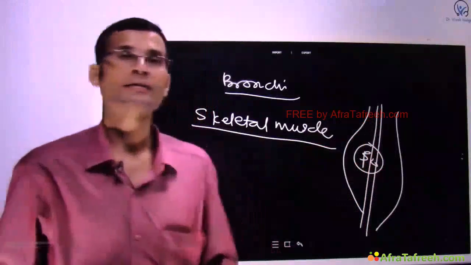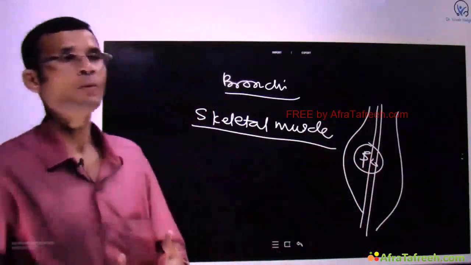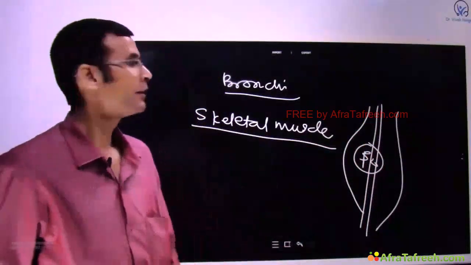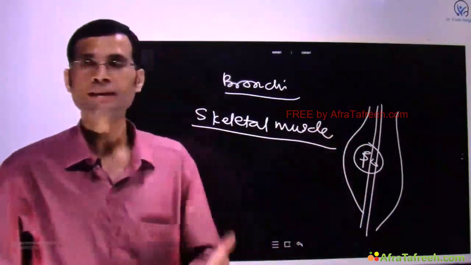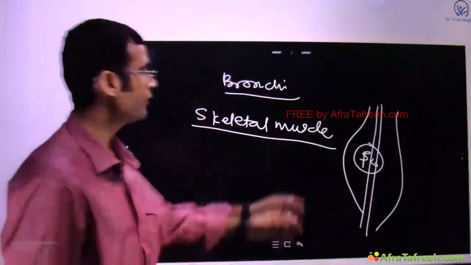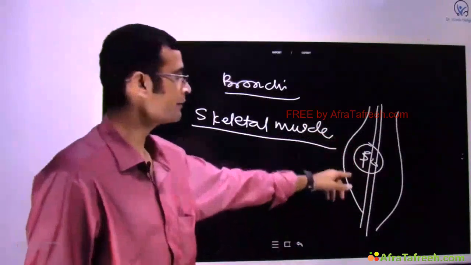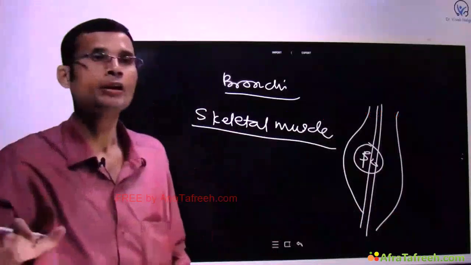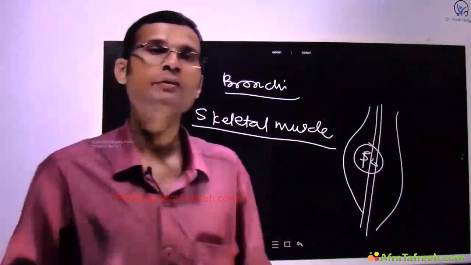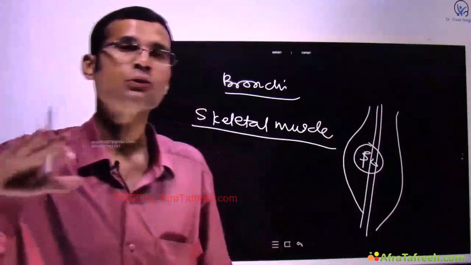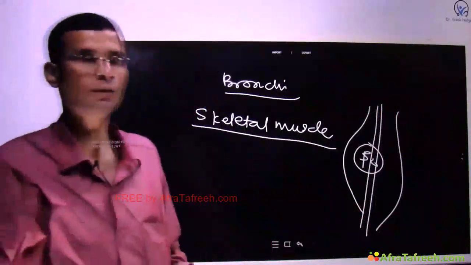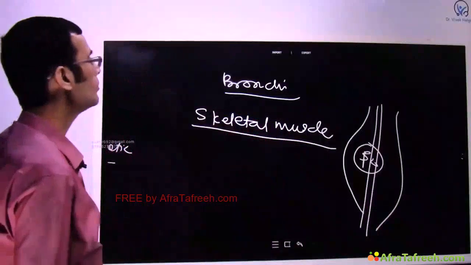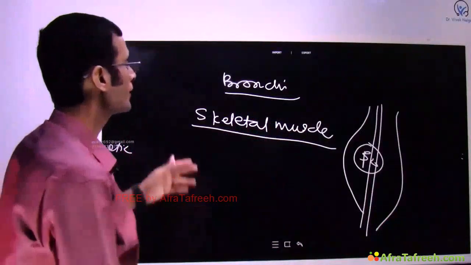And it's quite understandable because, for example, when the body is facing stress or performing exercise, muscles need to increase their blood flow. Therefore, there should be vasodilation, and that's mediated by beta 2 receptors. Whereas elsewhere, there are alpha receptors. They will mediate vasoconstriction so that blood flow decreases to those organs and is diverted to skeletal muscle. So that's beta 2 receptors in the skeletal muscle.